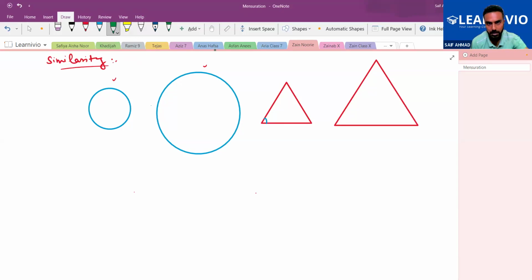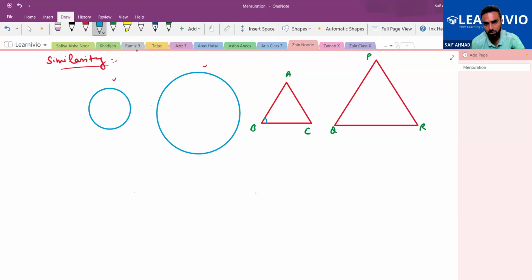For example, this is triangle ABC and this is triangle PQR. A should correspond with P, B with Q, and C with R. All the corresponding angles should be equal.